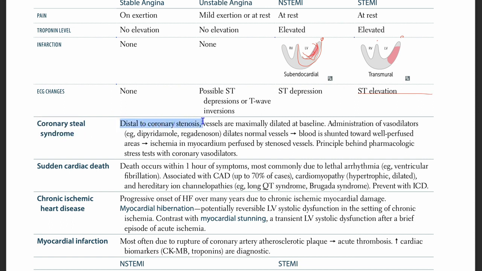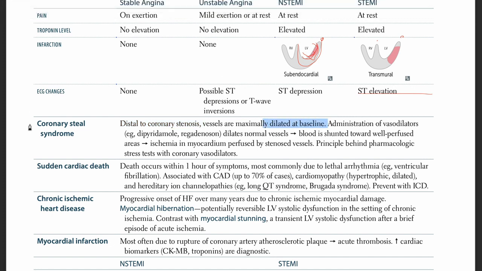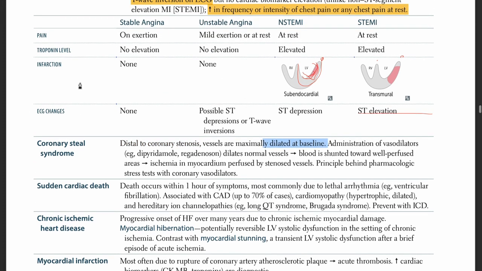Distal to coronary stenosis, vessels are maximally dilated at baseline. Let me draw that. We have a vessel here, a coronary vessel, kind of like that. So stenosis happened here, more than 70% occlusion, I guess.